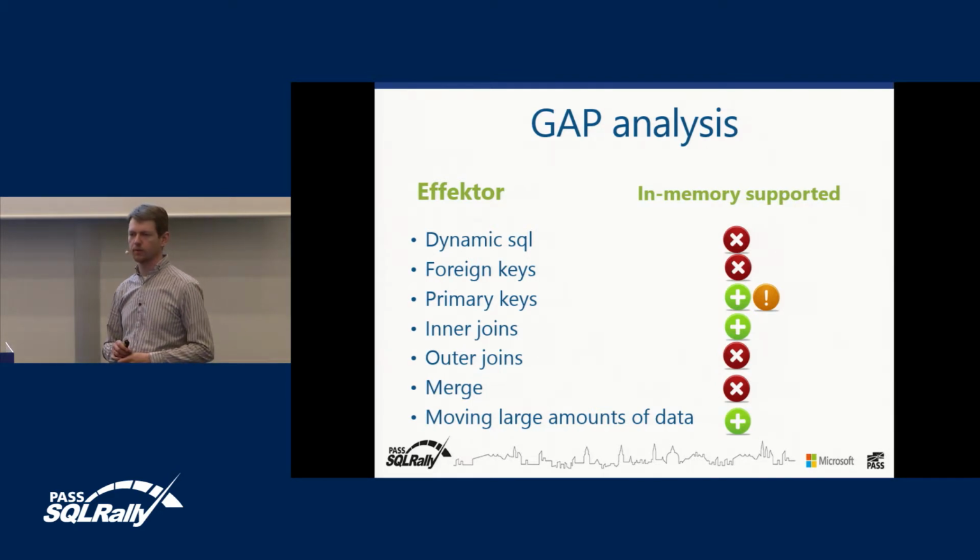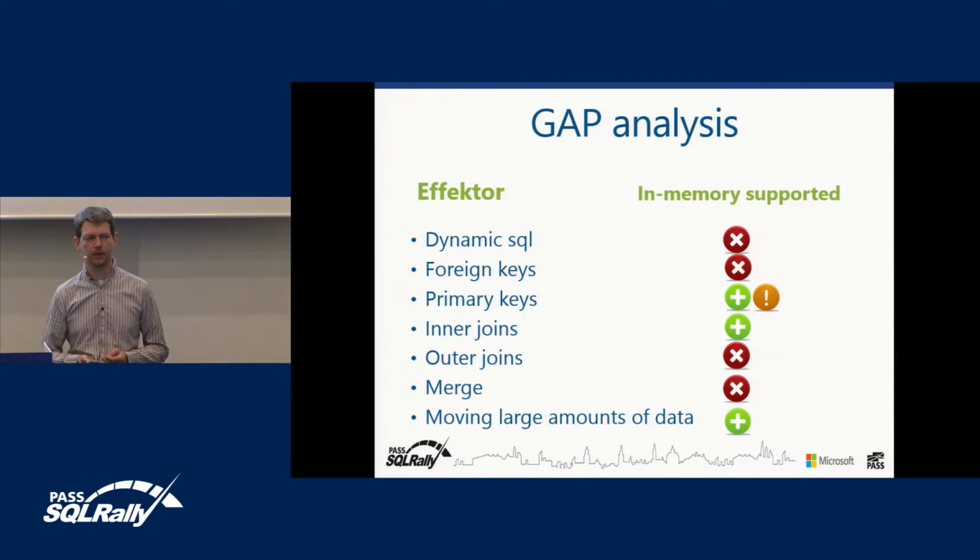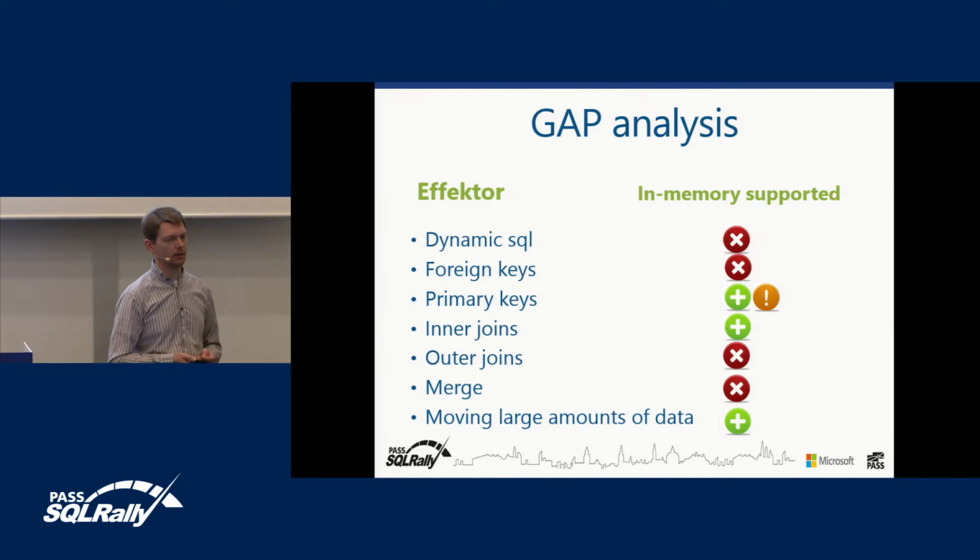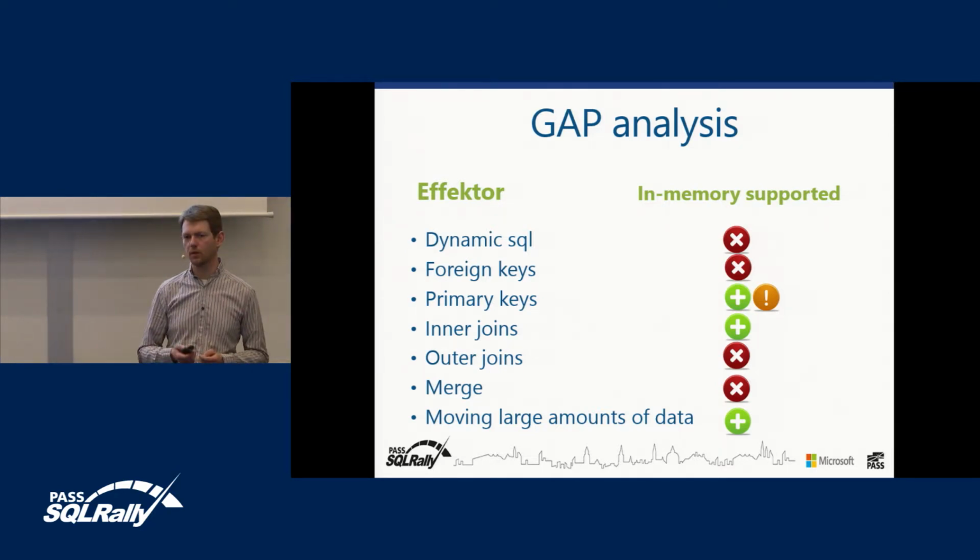So, making a small gap analysis of what the product was set to do and what we needed. We had a lot of dynamic SQL, heavily reliant on foreign keys, primary keys as well. Primary keys are supported. Identity is not. You can use identity with either a sequence or unique identifier.